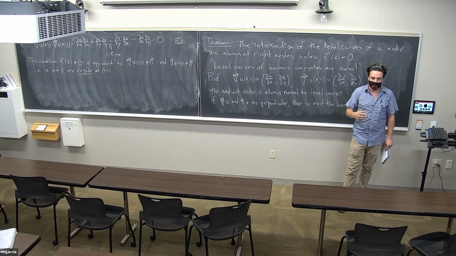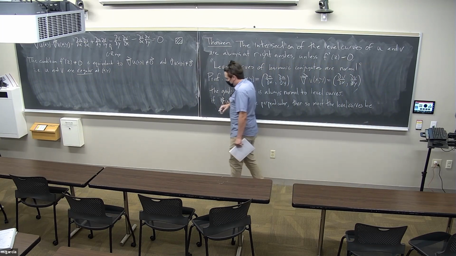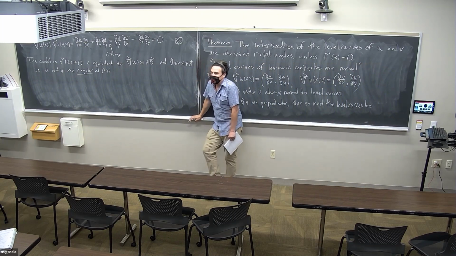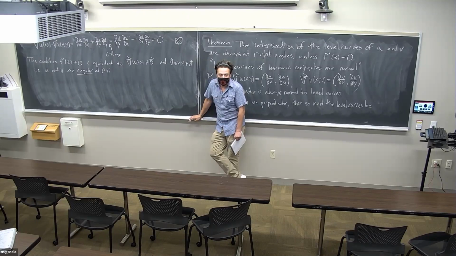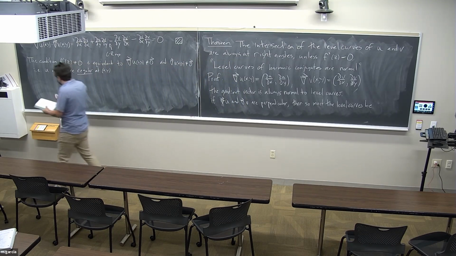Okay, so this broadens the possibility of solving a boundary value problem in 2 dimensions. We can recognize the boundary of our region as level curves of some harmonic function. Okay, so let's do a quick example.